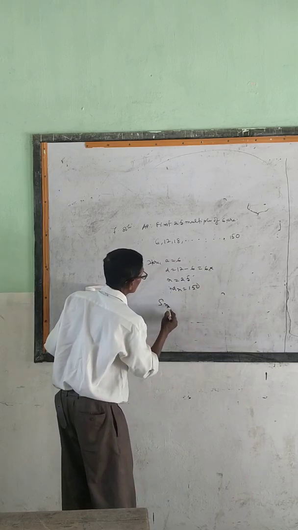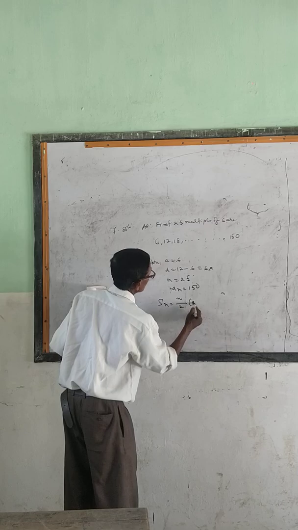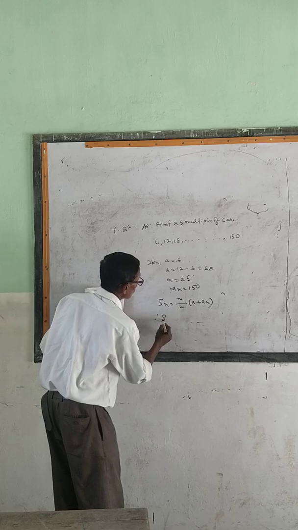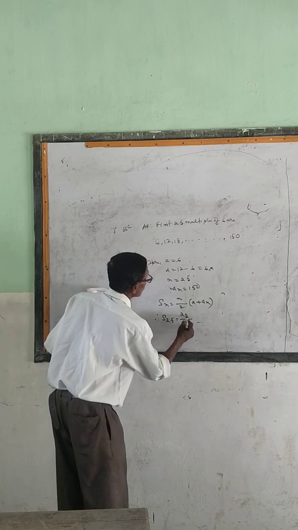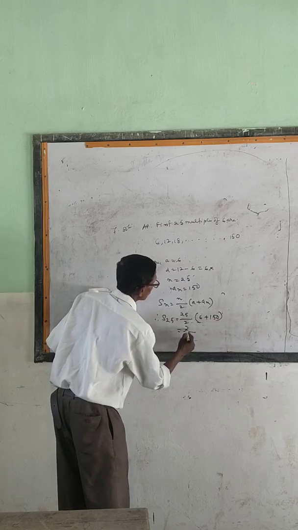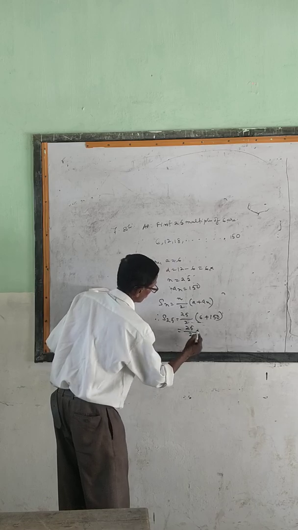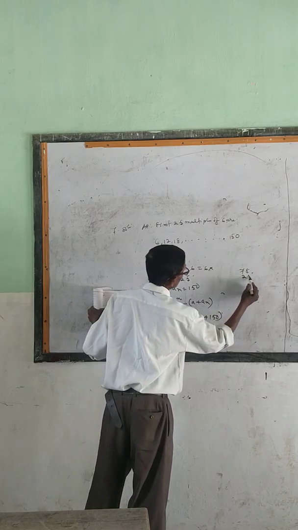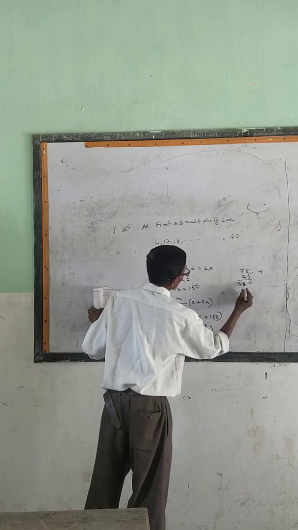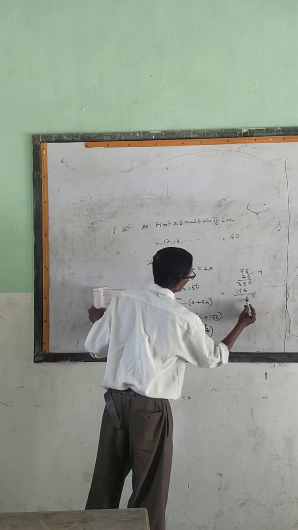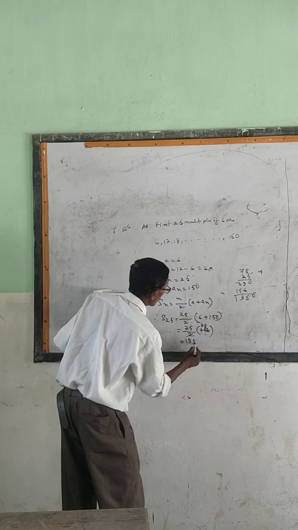So we can write Sn equal to n by 2, A plus An, because another formula we can apply, we can apply this. S of 25 equal to 25 by 2, A means 6 plus of An means 150. This is 25 by 2 into 156. 2 sevens are 14, 25 into 78, equal to 1950.